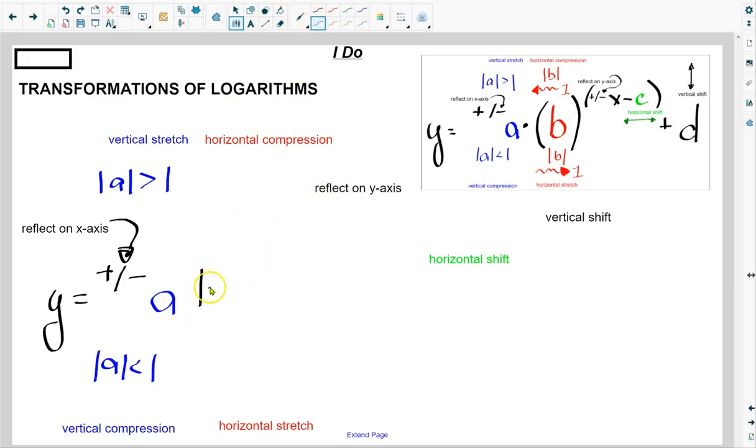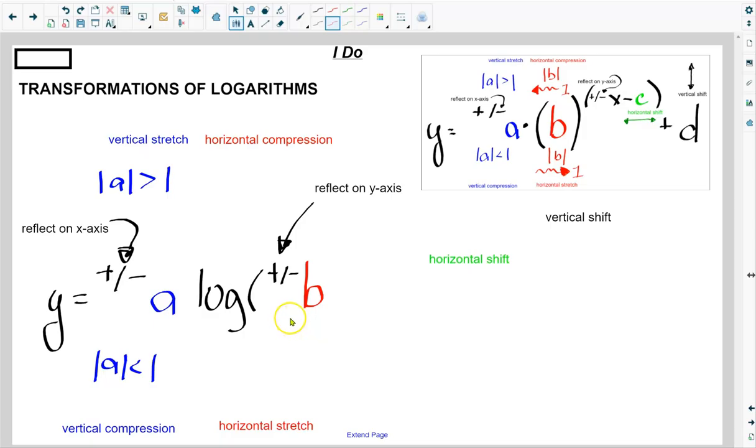Next, we're going to have here in black just a log. Okay, then in here, let's pay attention. We're going to have plus or minus, which is linked to this guy right here. All right. Next, we're going to have b.